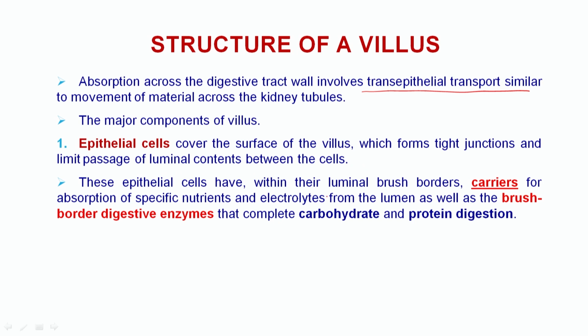These epithelial cells have, within their luminal brush border, carriers for absorption of specific nutrients and electrolytes from the lumen, as well as brush border digestive enzymes that complete carbohydrate and protein digestion.